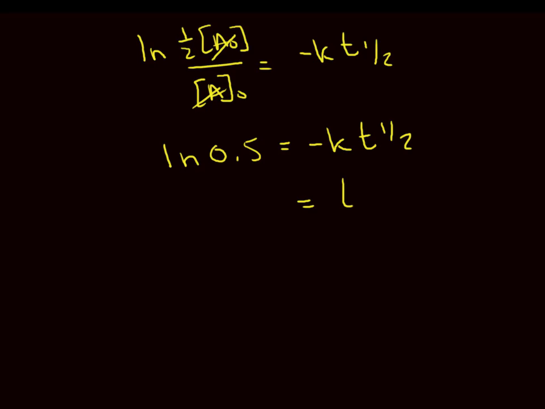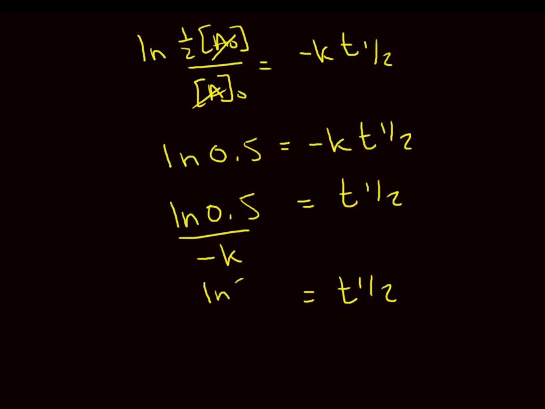And we can go ahead and rearrange this algebraically to yield the natural log of 0.5 divided by minus k. And in order to deal with the negative sign, once we have rearranged it and solved for t 1/2, we get the natural log of 2 over k.